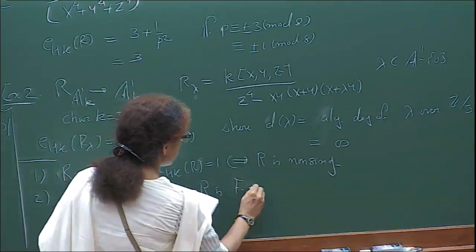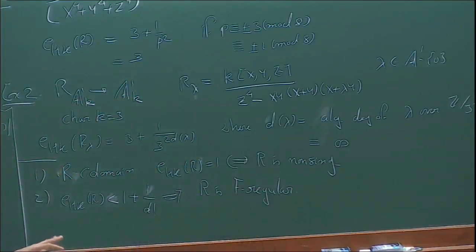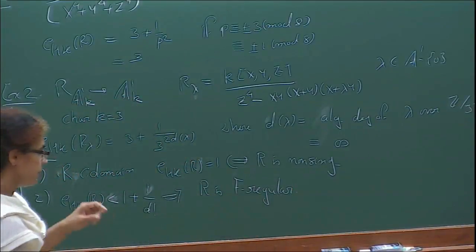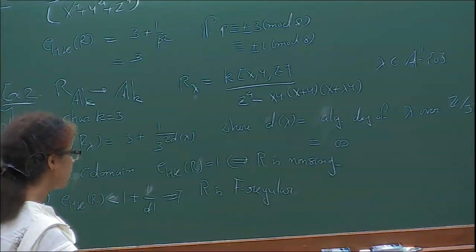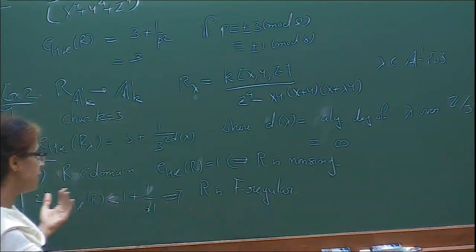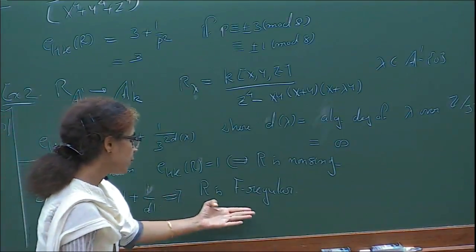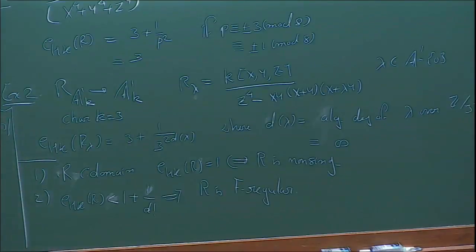So I won't say much about this one. F regular is something which involves tight closure of things. So it says all ideals are tightly closed. Whatever that means, the use of this is, first of all, that checking something is F regular is a very intrinsic method of checking because it depends on the ideal.